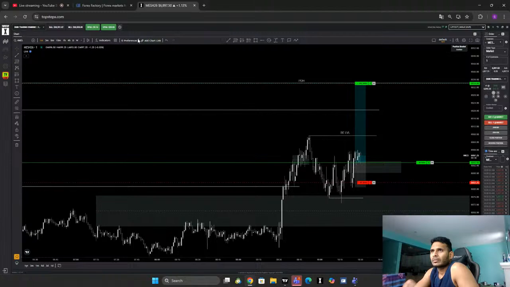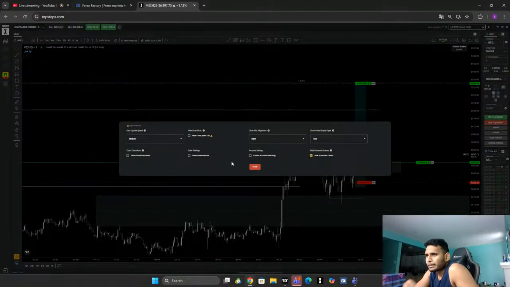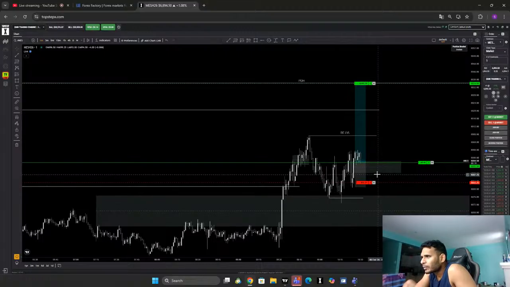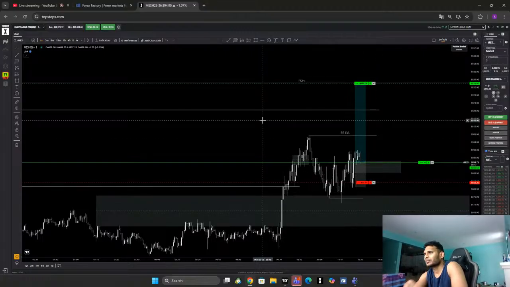So, chart preferences. One contract is amazing. In terms of dollars, I'm planning to take $200 by risking $50. That's a good risk ratio, bro.